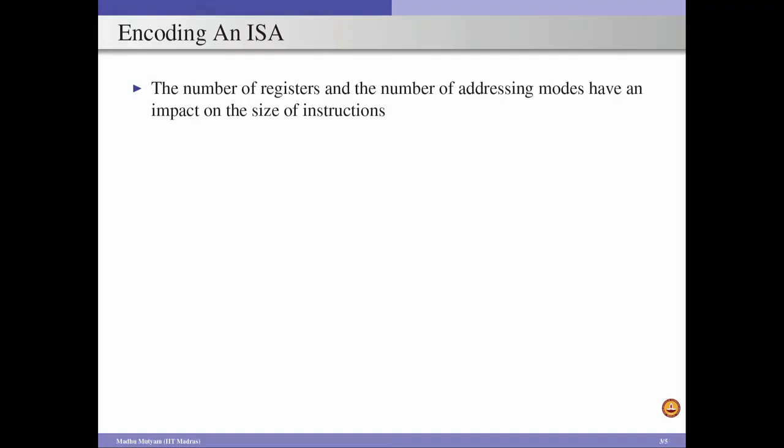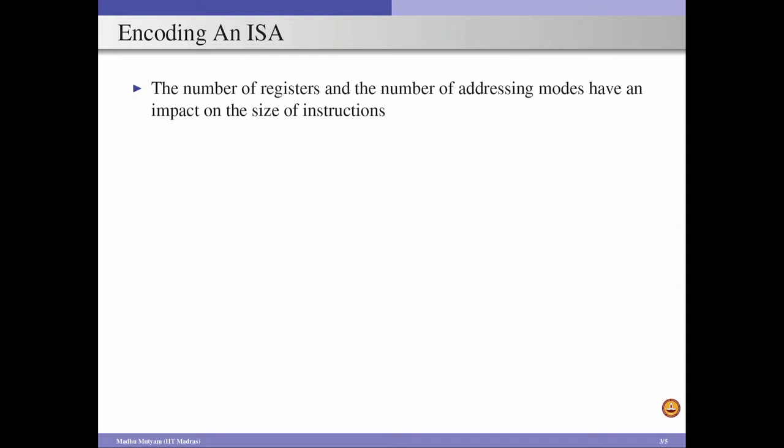We know that a typical instruction consists of operands and opcode. The size of the operand field and opcode field affects the overall size of the instruction. In addition to that, the number of registers that we use in our ISA also affects the size of the instruction.